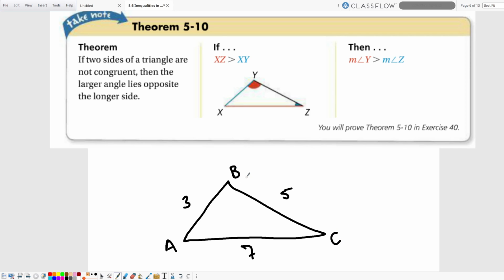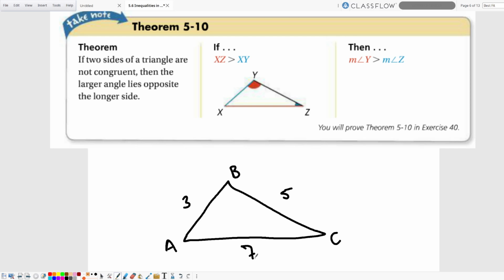What I can do is, by looking at the sides of my triangle, I can determine which one of my angles would be the largest. So it says that XZ is greater than XY. So if you know that XZ is larger than XY, then angle Y, which is opposite of XZ, is larger than angle Z. So in my example, 7 is the longest side.